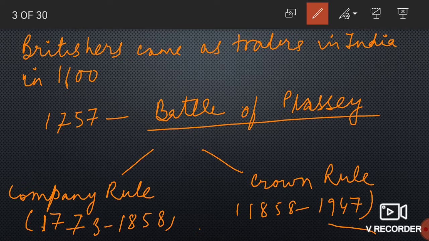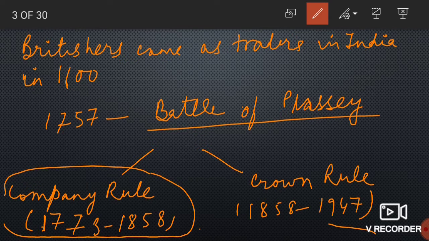So these were the two main headings under which they made some acts. We will be studying the acts that were made during the Company rule, that is from 1773 to 1858.